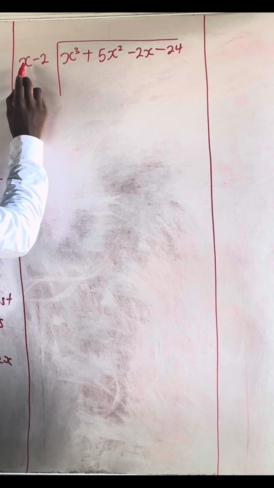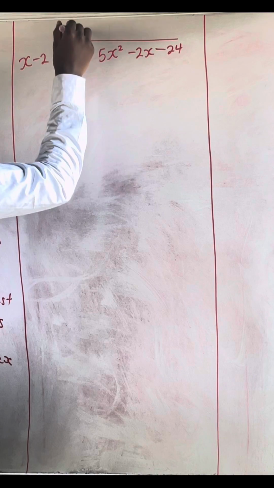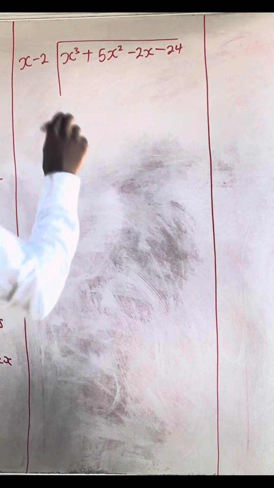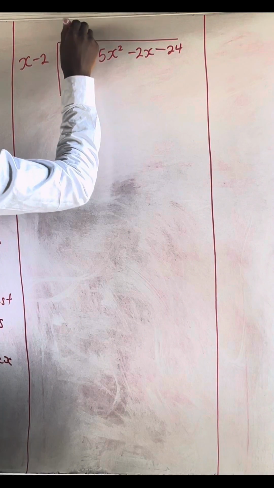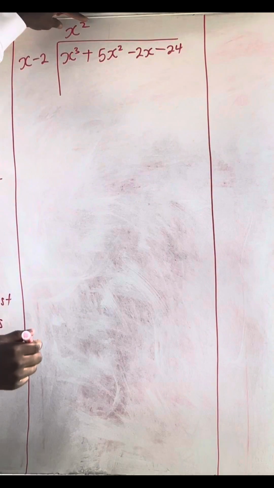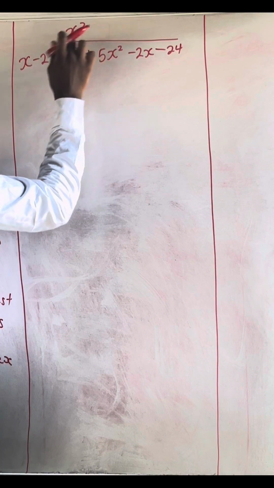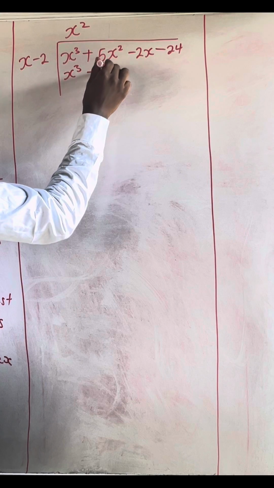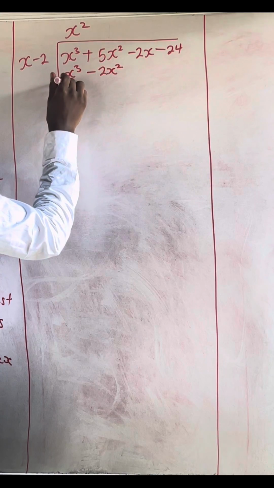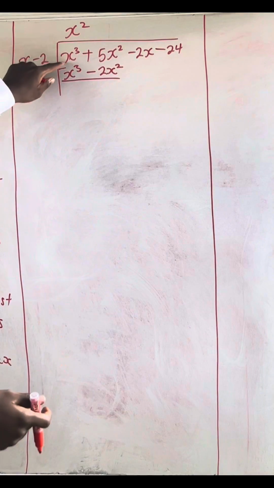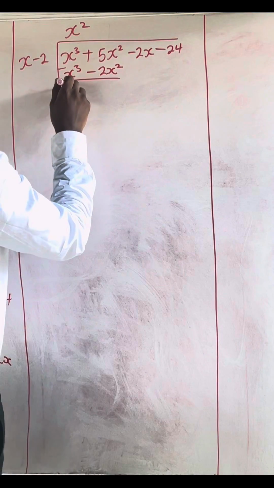So we are going to remove this x from the first value here. If you remove x from x raised to power 3, it's going to remain x raised to power 2. So put it here, x raised to power 2. Then use this x raised to power 2 to multiply everything here. What is x raised to power 2 times x? That is x raised to power 3. What is x raised to power 2 times minus 2? Minus 2x squared. So we are going to subtract this from this, and we will get 0.